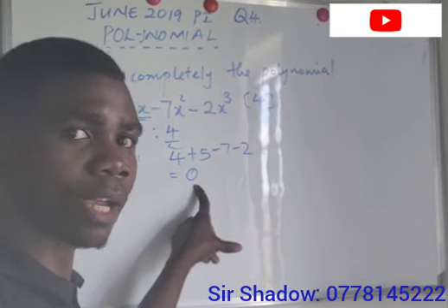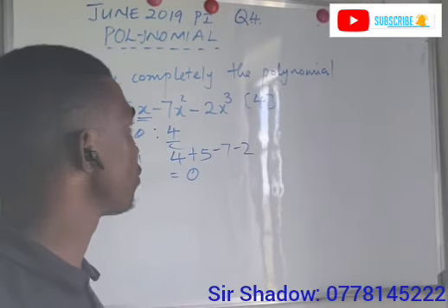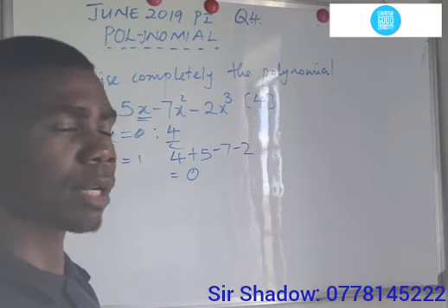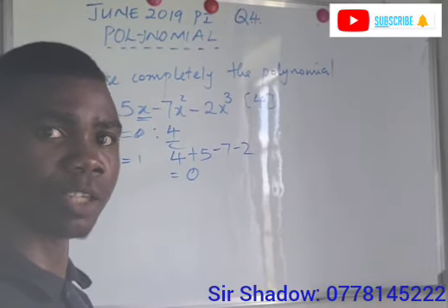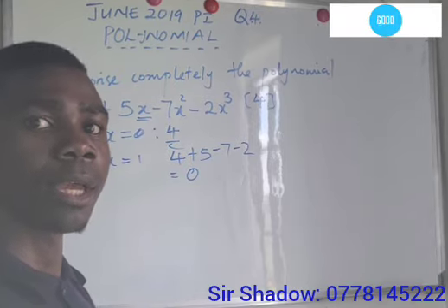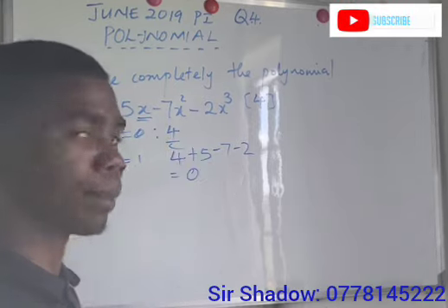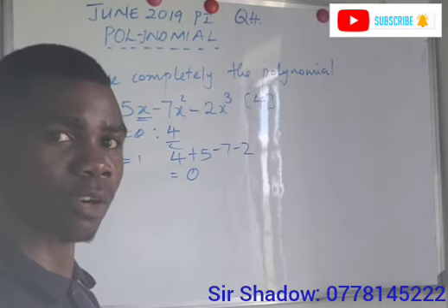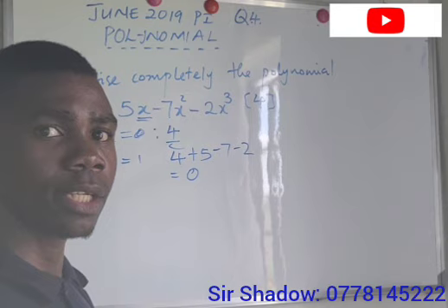I said if you are given a question on a polynomial, you can use either the factor theorem or the remainder theorem. Here we are applying the remainder theorem. If the remainder is 0, that root can be a factor of the given polynomial. So when x is 1, the remainder is 0, which means x equals 1 is a root.